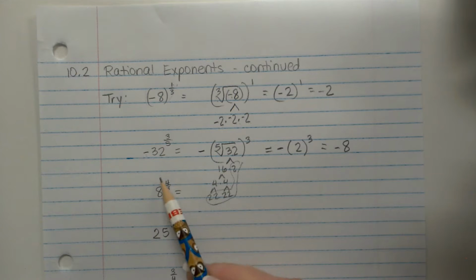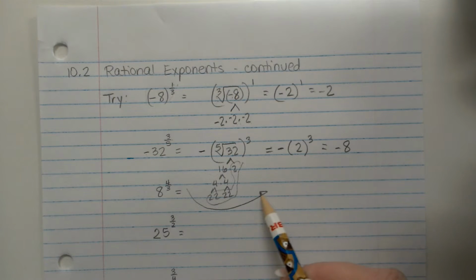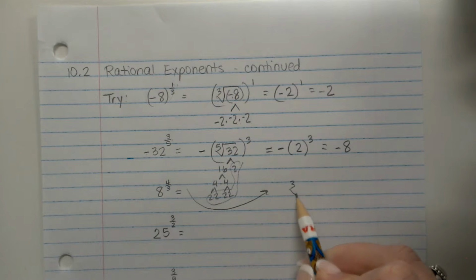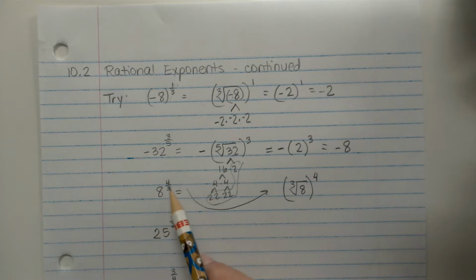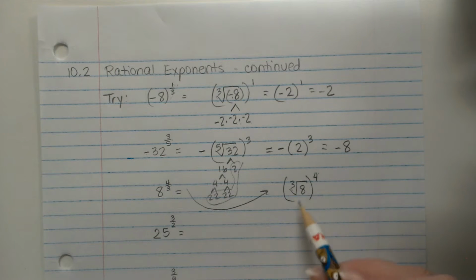All right, so I'm going to work this problem a little bit over here. Okay, so the cube root of 8, I'm going to do that part first and then raise it to the 4th power because the top number is the power and the bottom number is the root. So we already know that 8 can be divided as 2 times 2 times 2.